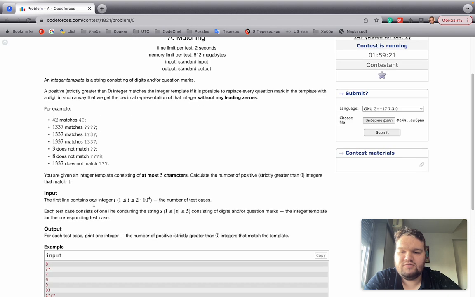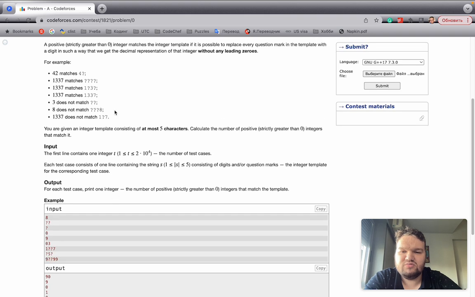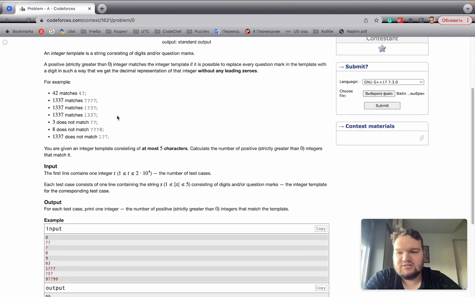In problem A, we are given a string of length at most 5 that consists of digits and question marks.